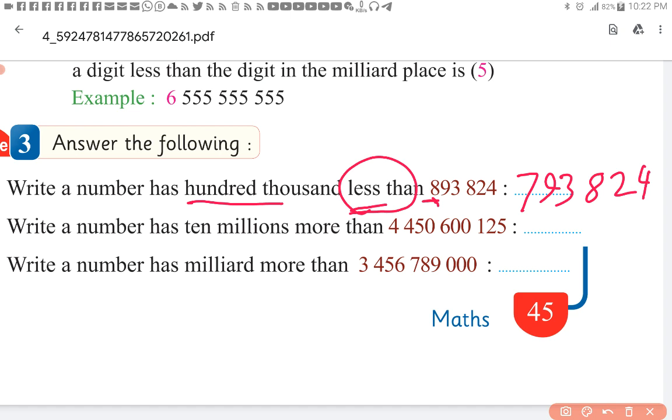Next one. Write a number that has 10 million more. Where is the place of 10 million? 5. For 10 million more, you will add 1.